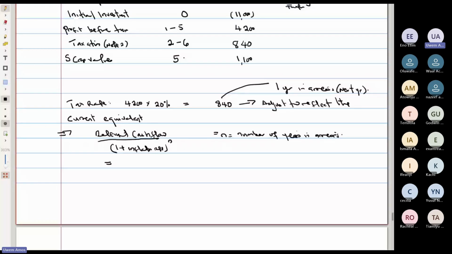So the relevant cash flow is 840 divided by 1 plus the inflation rate, which is 5%, so 0.05. How many years in arrears? 1. So that would be 840 divided by 1.05 raised to the power of 1.